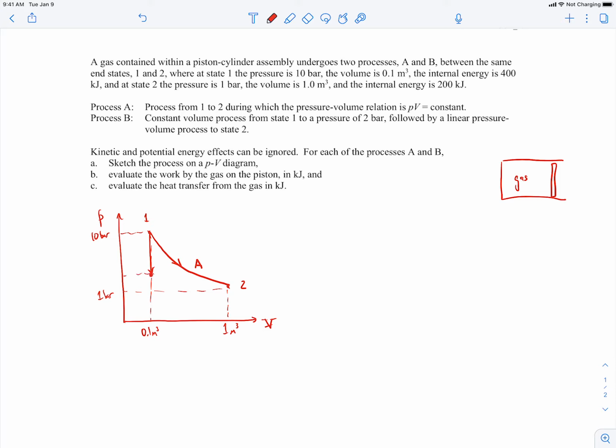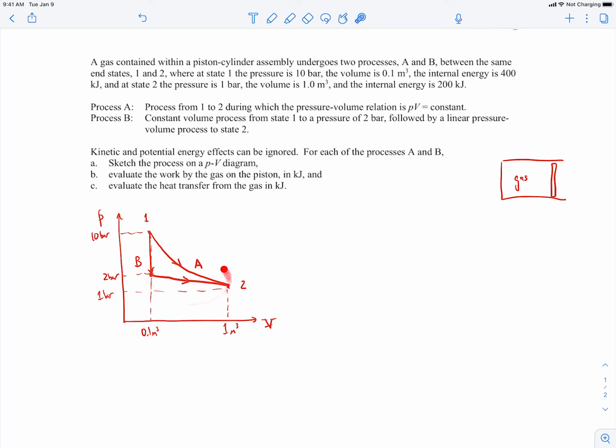So this is 2 bar. It's a constant volume process here, so same volume. And then a linear pressure volume process to state 2. So that means it's just a straight line heading over that way. So this is process B. So that's our first part of the problem, sketch the process on a PV diagram.